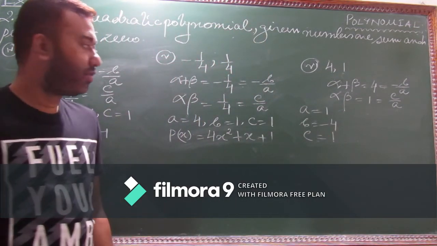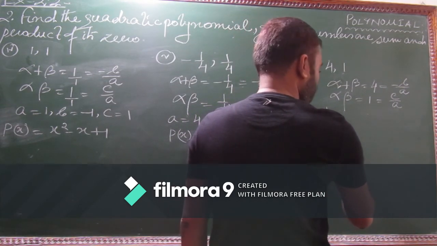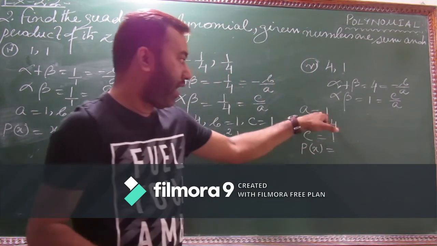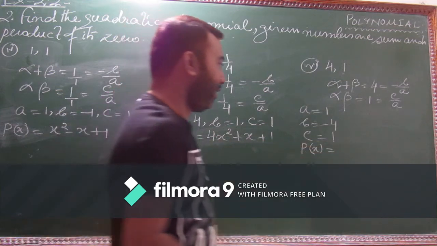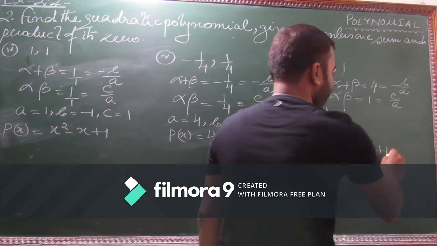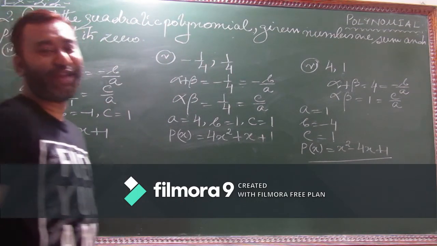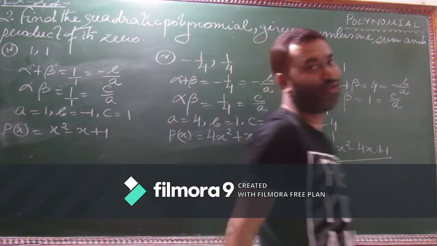Any problem? So what is the polynomial? p(x) is equal to ax square plus bx plus c. So this is x square minus 4x plus 1. This is the answer. So this way we have successfully finished exercise 2.2.